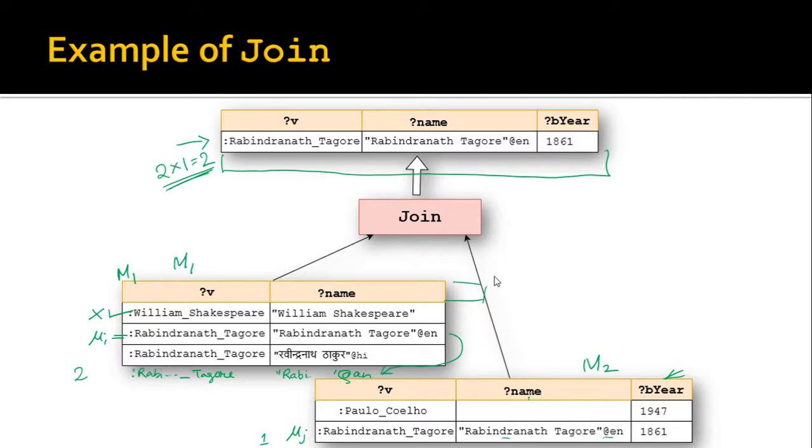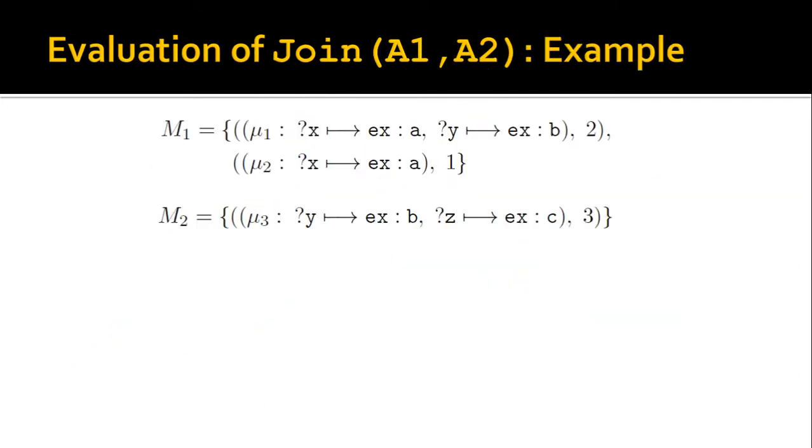Now we have defined the join operation. So let us talk about an example that will illustrate more about how we compute the multiplicity of the joint solution. So let us take the example where you have M1. In M1 we have got two solutions, right? So in mu1, x has been instantiated with A and y has been instantiated with B, and you have mu2 where x has been instantiated with A, but y has not been instantiated with anything.